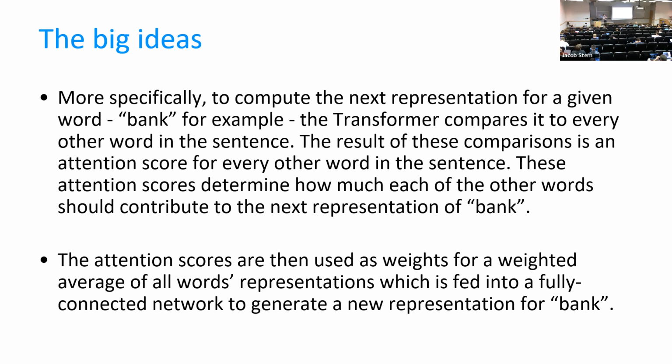Now that might start to sound kind of familiar from our last lecture. It might start to sound like the skip-gram word embeddings that we were talking about, right? Because the whole point of those was to basically make words similar to their context. So this is a similar idea where we are saying that our embedding of the word bank is based on a weighted combination of the words that surround it.